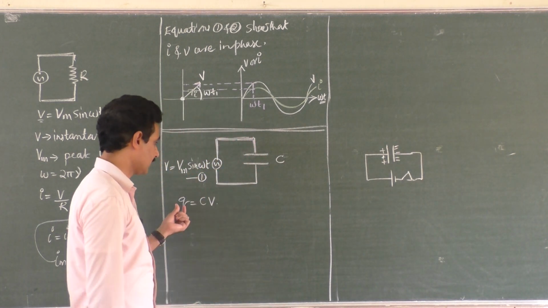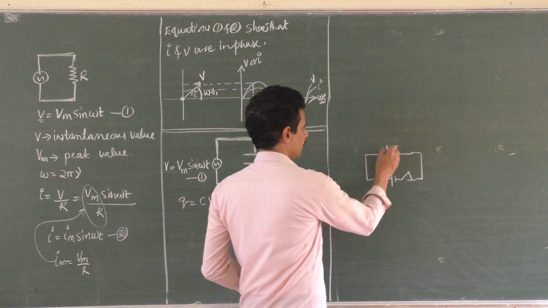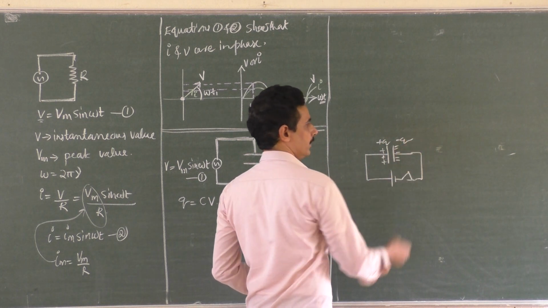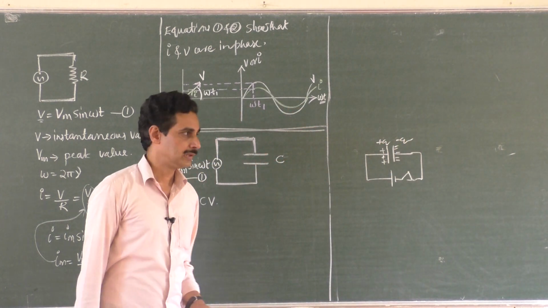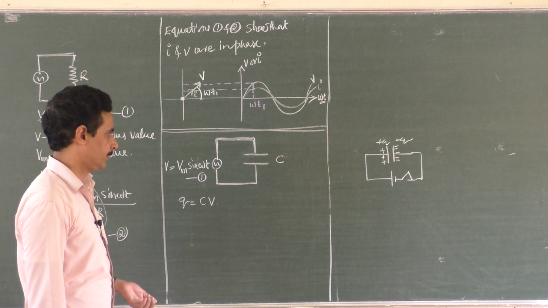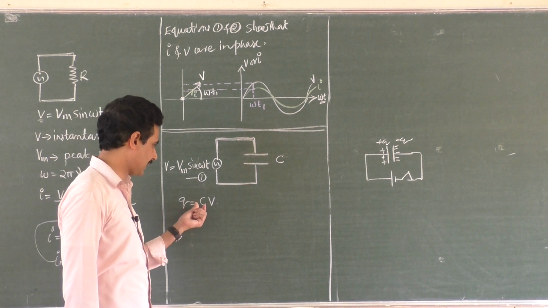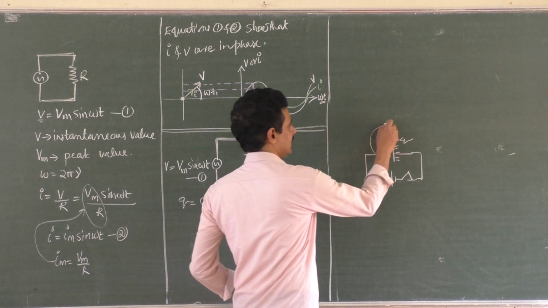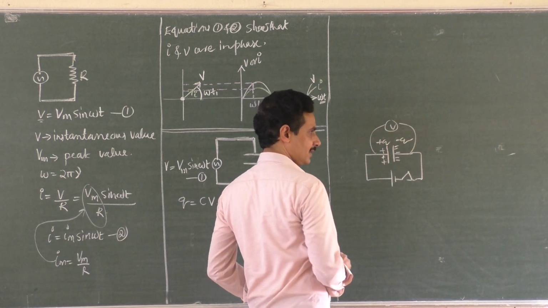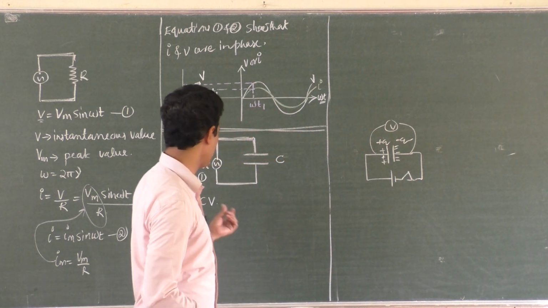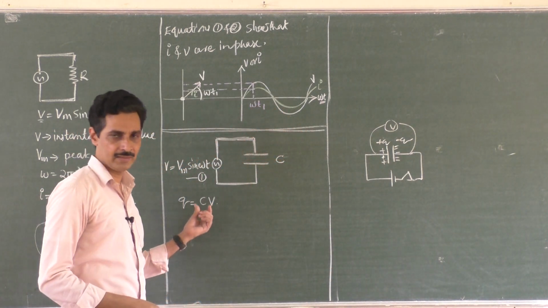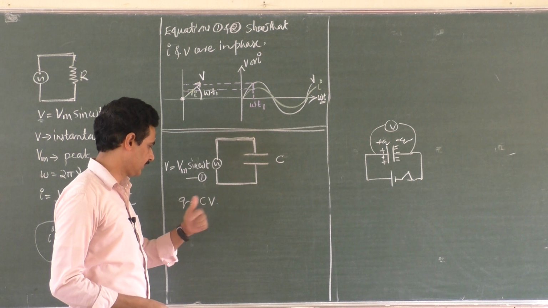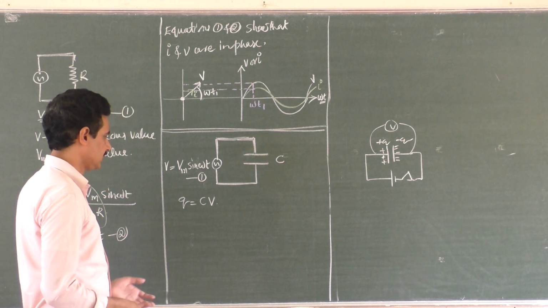If you want to know the charge stored in the capacitor, here Q plus Q and minus Q, magnitude of Q, then you need the capacitance of the capacitor, which is a constant, and the voltage across the capacitor at that instant. Q equal to CV. I usually say to remember this by CV Raman. Okay, Q equal to CV.